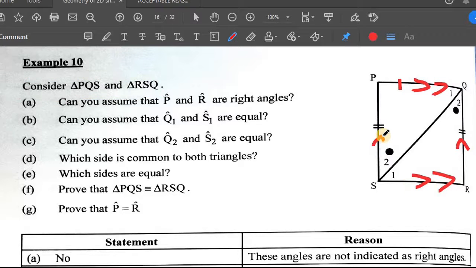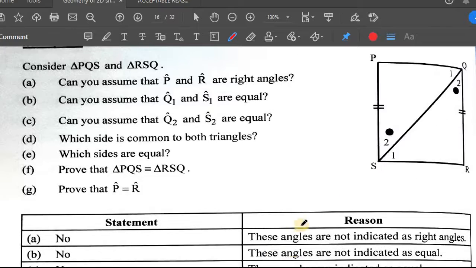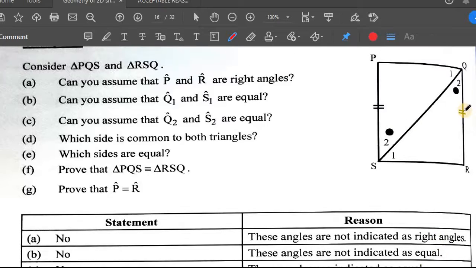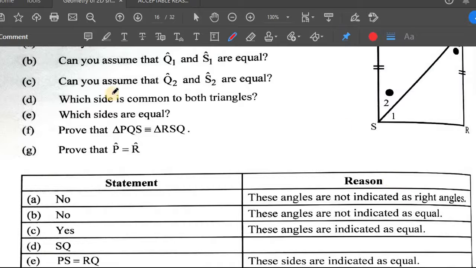So they didn't give us this bit of information with parallel lines, etc. So no, these angles are not indicated as equal. All right? Can you assume that Q2 and S2 are equal? Yes, we can. Why? We've got a dot there, we've got the dot there, these two angles are equal, right?